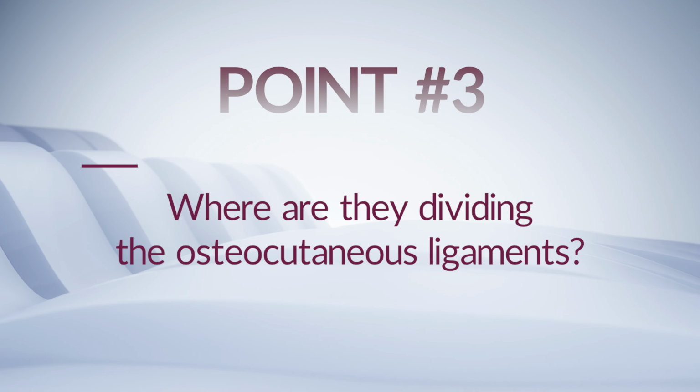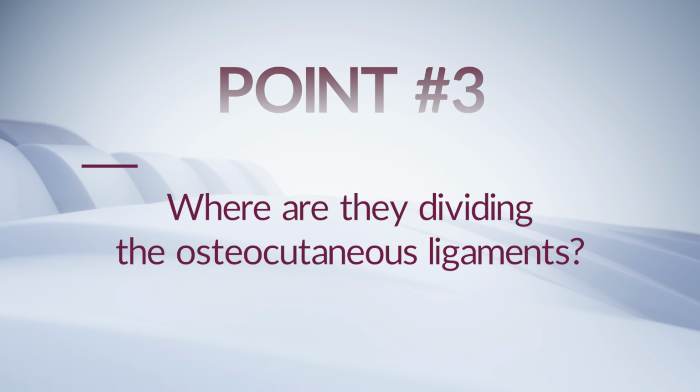Question number 3 that you can ask to see if they're doing a deep plane facelift is where are they dividing the osteocutaneous ligaments? Now, the reason why a deep plane facelift is to me the gold standard is because you have to divide these connections that our face has between the bone and the skin. There's ligaments that extend from the bone, ones called the zygomaticocutaneous ligaments, parotidocutaneous ligaments, masseterocutaneous ligaments, mandibulocutaneous ligaments.